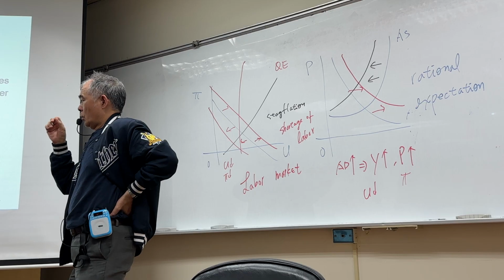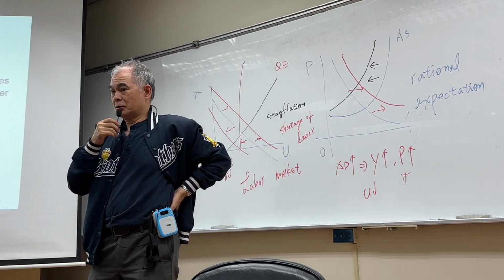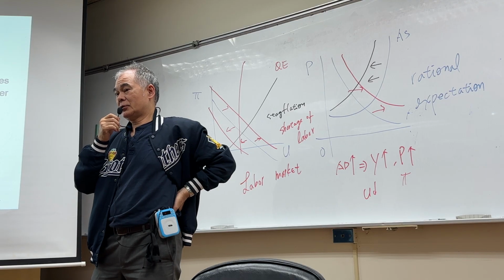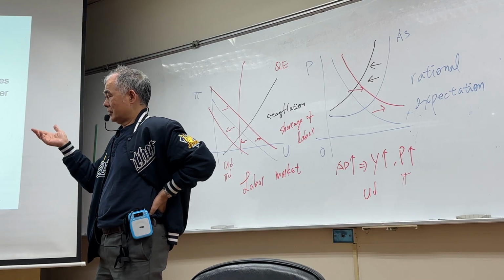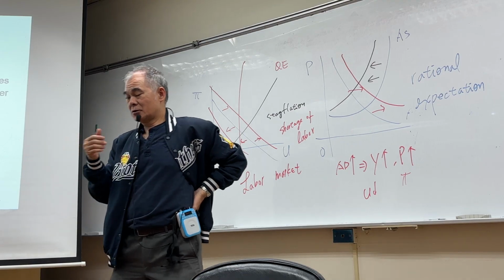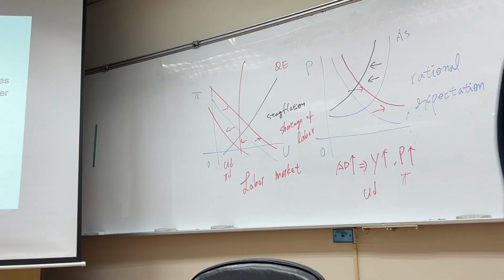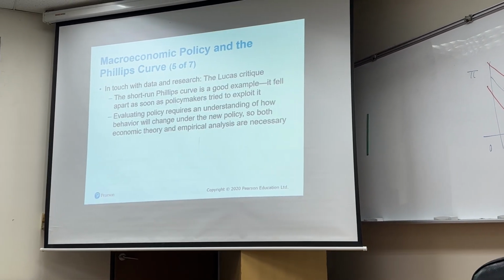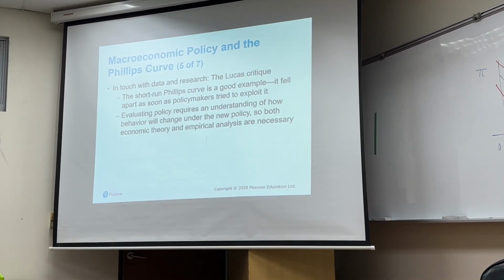So when you look at a new situation, you really need a new model to inspect the economy, because the relationship changes. Because of that, for any of us, when you look at the economy, you have to look at the data and use the data to see what's going on.